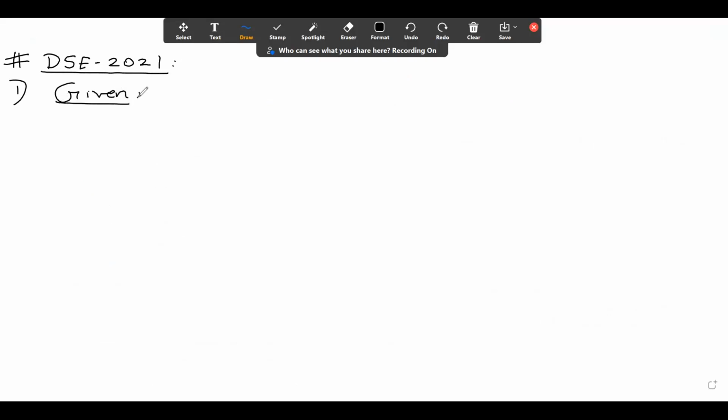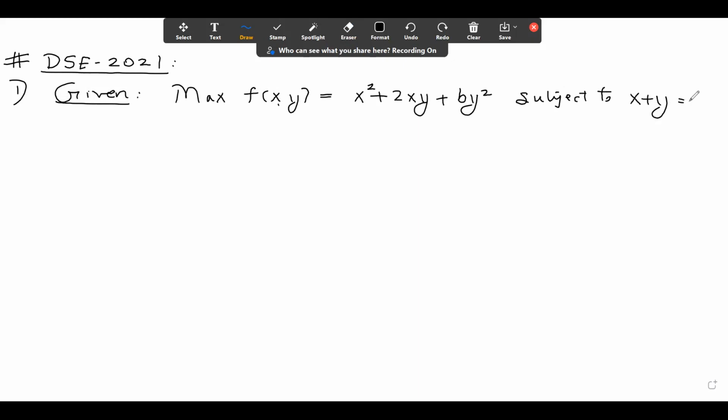We are given that the problem is maximizing f of x, y equal to x square plus 2xy plus b y square subject to the constraint x plus y equal to 100. And we are given that b is strictly greater than 1. The parameter b takes the value strictly greater than 1.